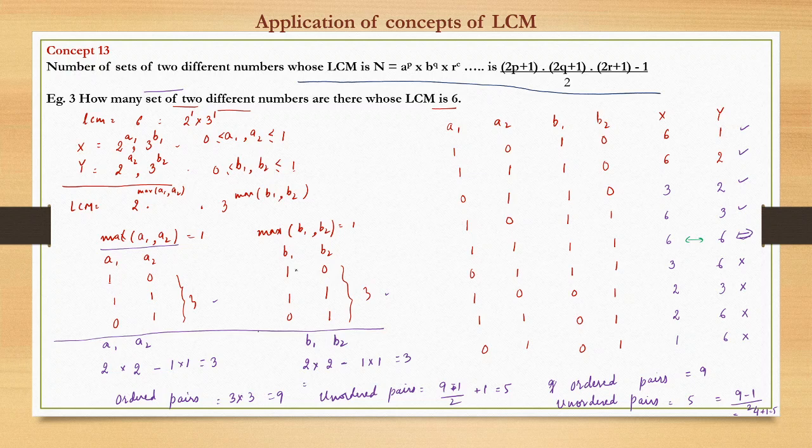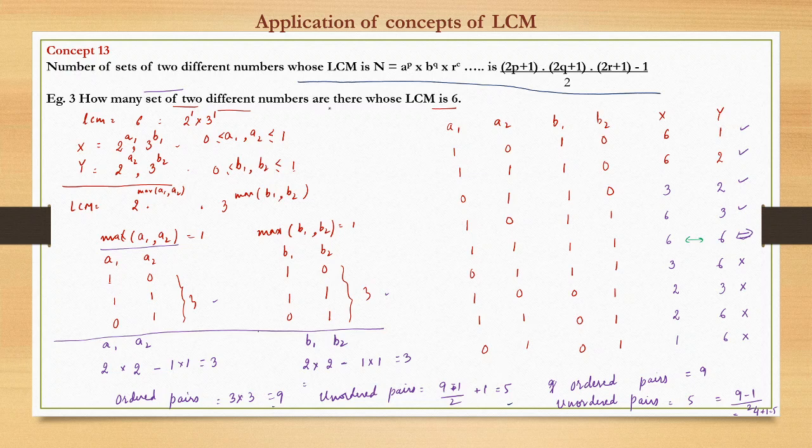And one more thing, see here, ordered pairs is what? 9. Unordered pairs here is 5. But in those 5, there is one pair which is 6 comma 6. But if the question is how many sets of two different numbers, in this case 6 comma 6 is not different, right? So that case we may take out.